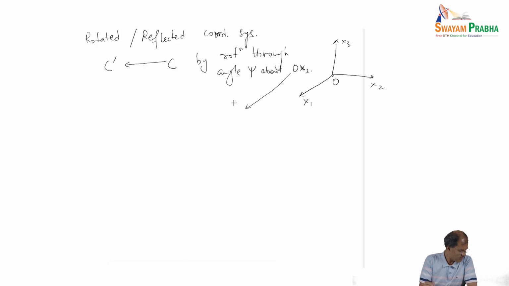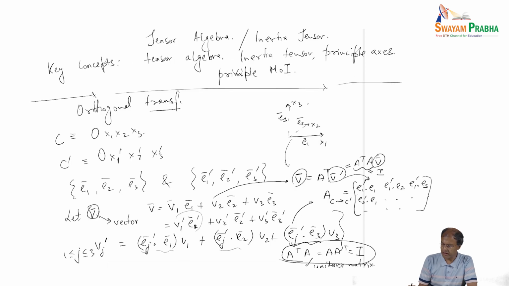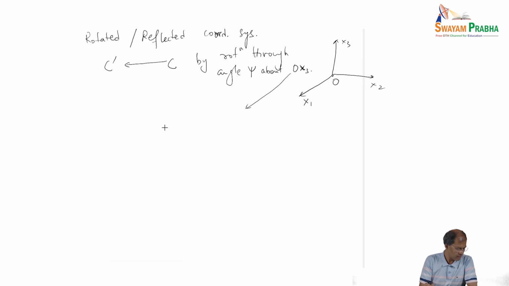If we start to find all these terms in the transformation matrix, E1 prime E1, E1 prime E2, let us try and draw this figure, so that might be easier for us. So we have the x1 prime axis. So this is x2 prime. So this is psi and this is psi, and that's it.